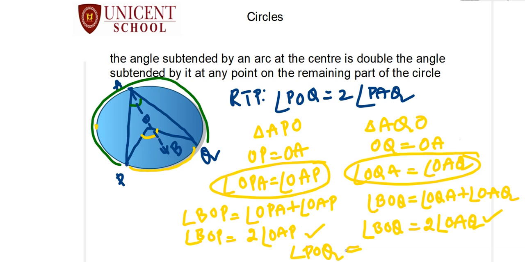And the right hand side when we add, that is 2 times angle OAP plus 2 times angle OAQ, gives us 2 times angle PAQ. So hence we have proved that the angle subtended by the arc at the center is double the angle subtended by it at any point on the remaining part of the circle.